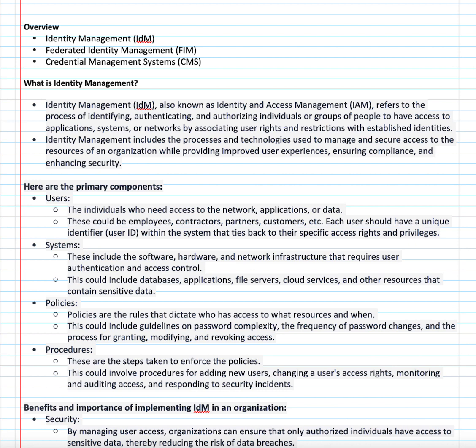The ultimate goal is just identity, to prove who you are, to allow you access to these systems. Identity management does include a lot of processes and technologies to make this happen. The processes and the technologies are designed to help make your overall experience much easier, much better, right?